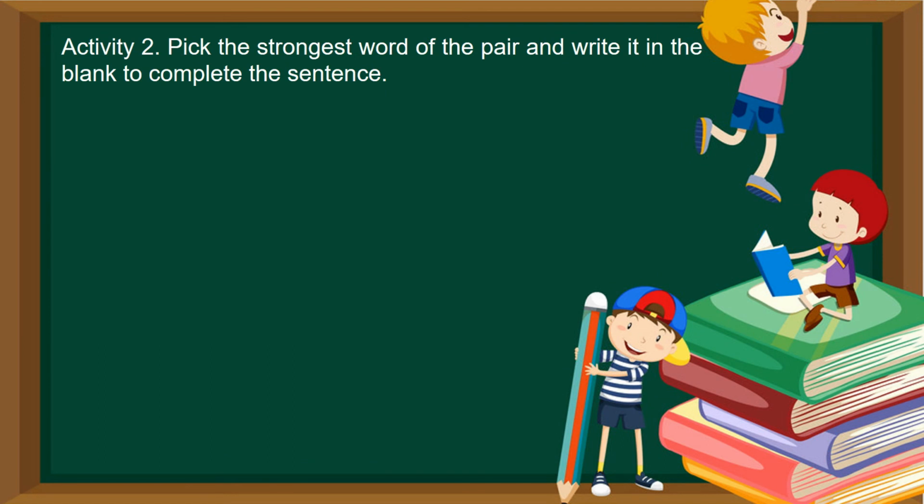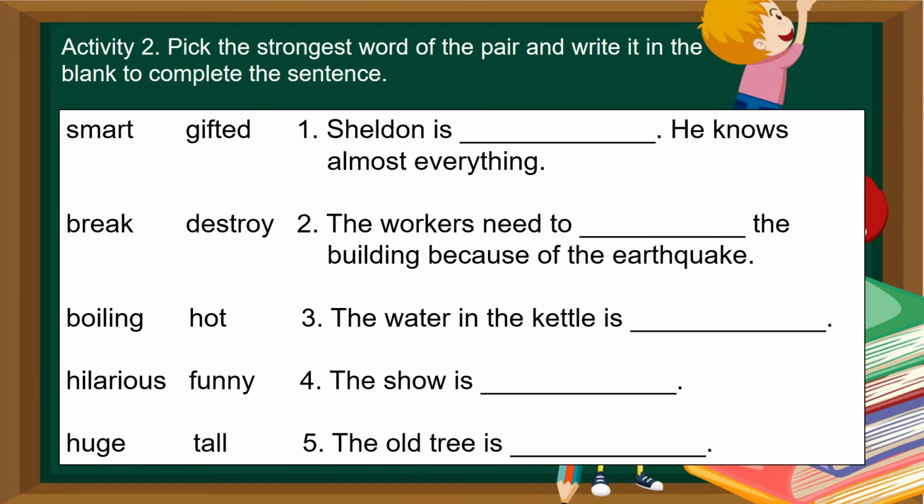For Activity 2, pick the strongest word of the pair and write it in the blank to complete the sentence. Number 1. Sheldon is blank. He knows almost everything. The pair words are smart, gifted.